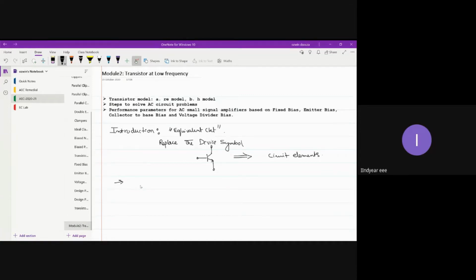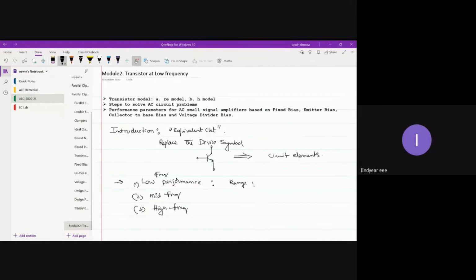All right, next. Now here we are predominantly assessing the low frequency performance. But strictly speaking, your amplifiers are subjected to three frequency ranges: low frequency, then mid frequency, and then the high frequencies.